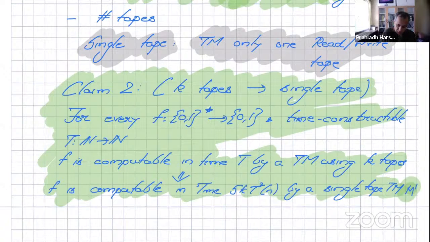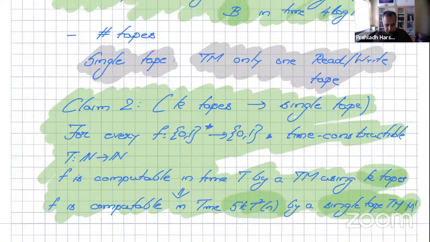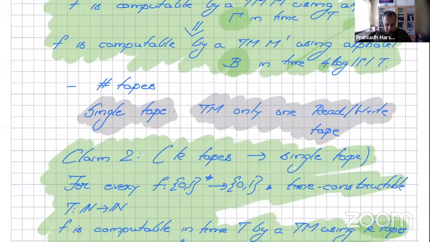The key thing to notice is that M is possibly a k tape Turing machine, whereas M prime is a single tape Turing machine. So you can transform anything from k tape to single tape, and the overhead is this quadratic factor. The original one was T of n. Let's quickly see a proof of this. We already mentioned the proof of the first part.